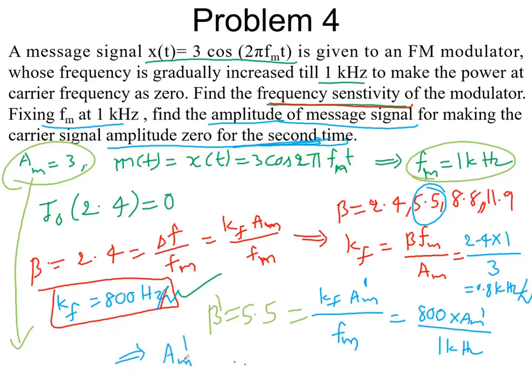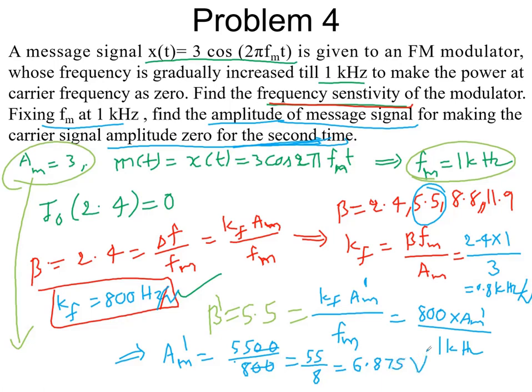Your Am dash, which is your new message amplitude, is 5500 divided by 800, which upon simplification is 55 by 8. 8 sevens are 56, so roughly this is around 6. 8 sixes are 48, then 70 left, 8 eights are 64, then 6, 8 sevens are 56, then 40, giving 6.875.